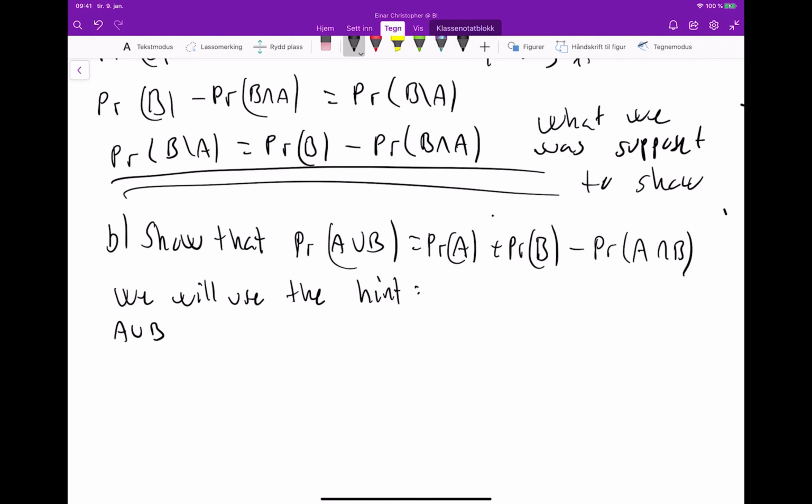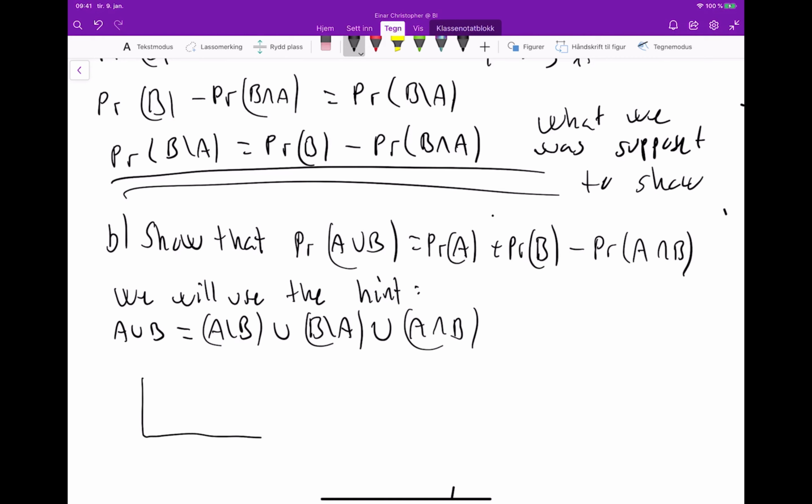A union B is equal to A minus B union B minus A union A and B. Let's visualize it, because else it's very hard to understand.